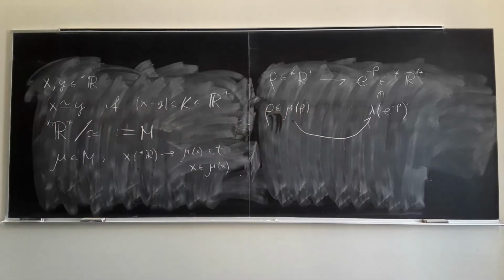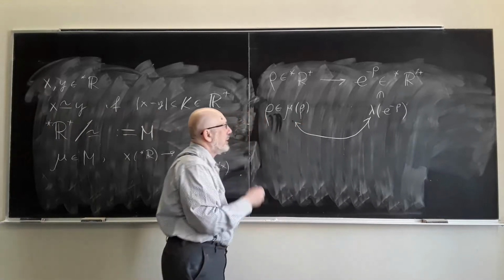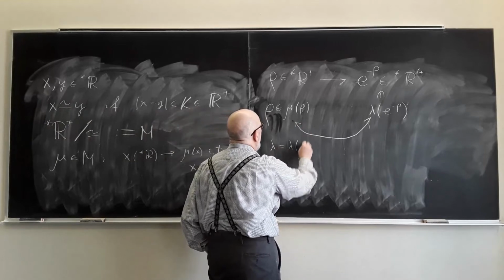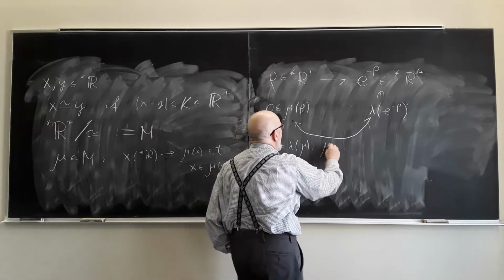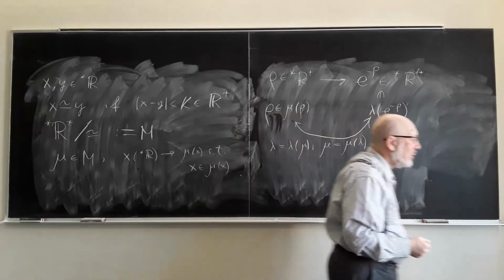So this is a true one-to-one correspondence. And back. So lambda of mu is mu of lambda. That's it.